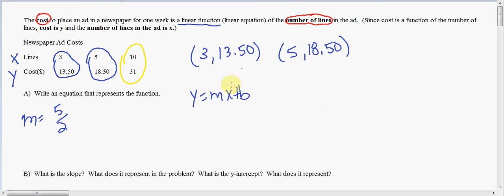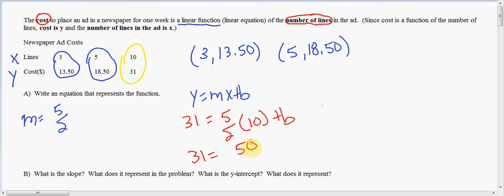So the y is 31, because that's a cost, and I'm going to plug in my slope, so 5 over 2. X is 10 from the point that I picked, and then we're looking for b, the y-intercept. So we have 31 equals 50 over 2 plus b, and that's 31 rather, let me erase that.